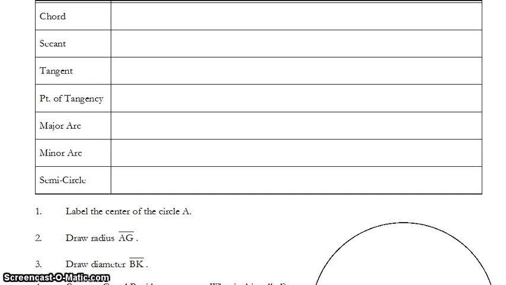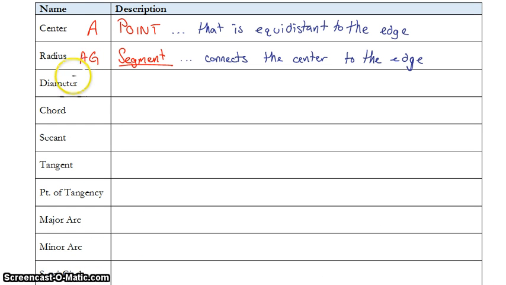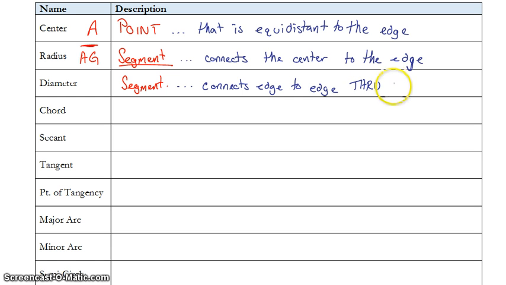Diameter is similar, but a major difference. By the way, I'm going to name this as I would any segment, my two endpoints with the segment bar above it. The diameter is also a segment, but its endpoints are different. Both endpoints are on the edges, so it connects edge to edge, but very specifically through the center.